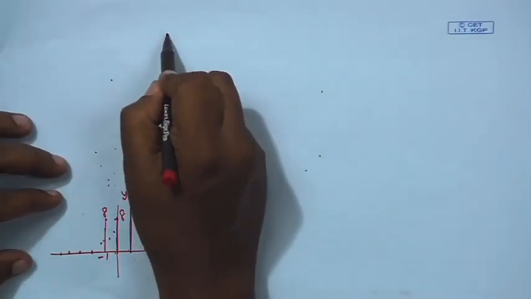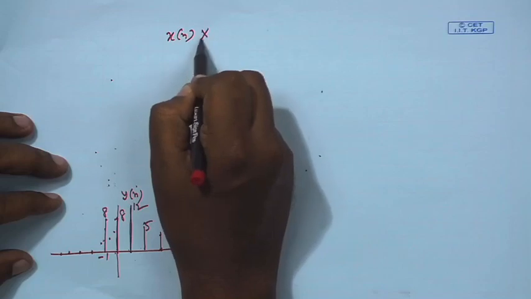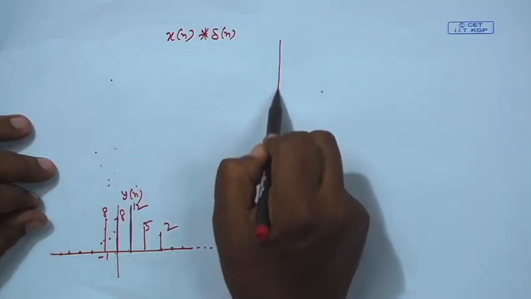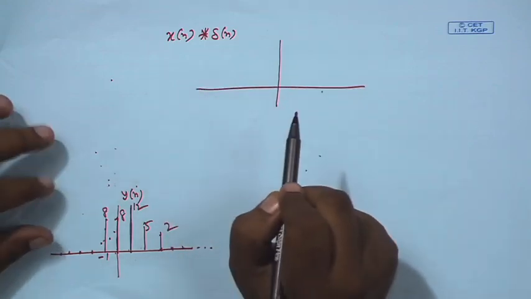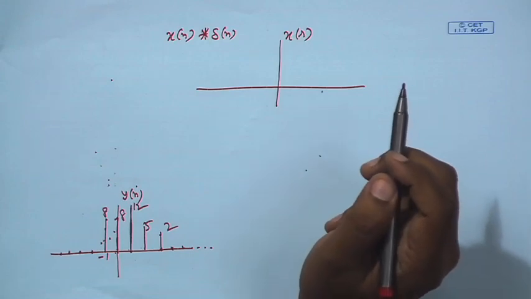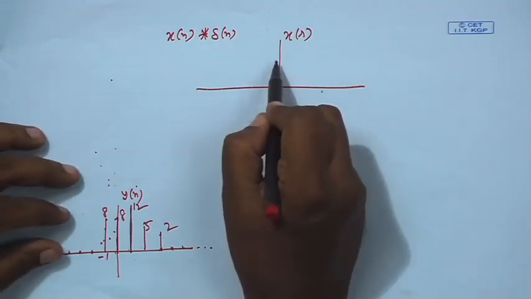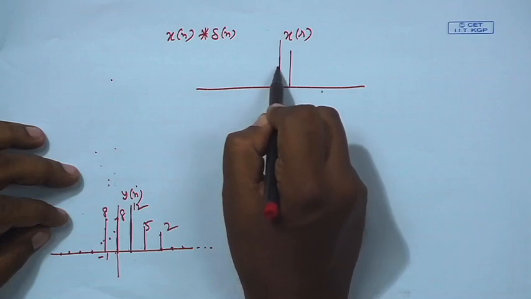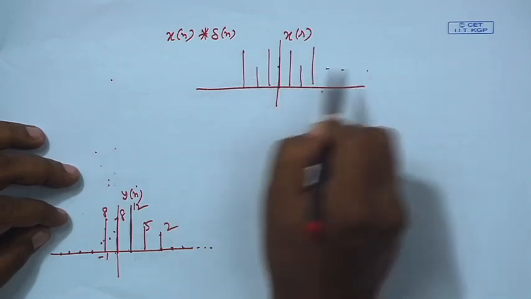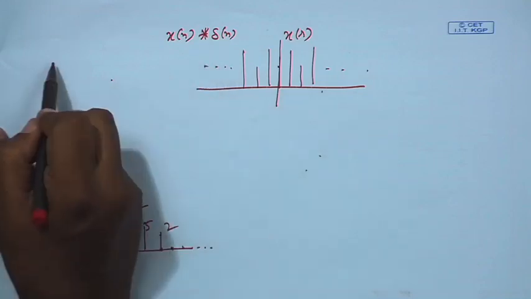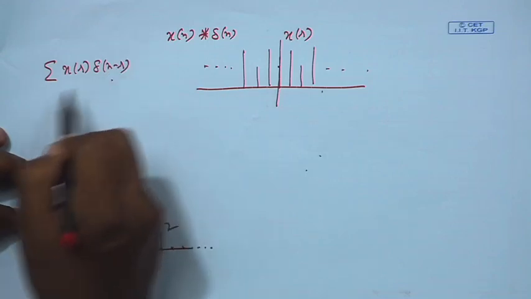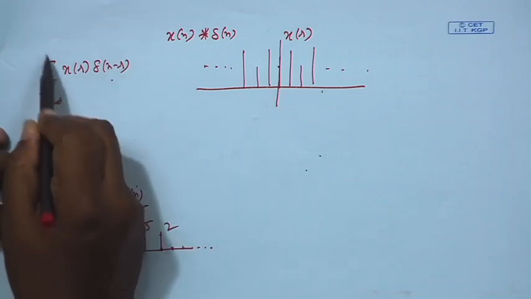Suppose I have an x n, if you convolve with delta n, what is the result? So, you write again x r, any sequence. In fact, this you can do directly from here, say x r delta n minus r, r equal to minus infinity to infinity.